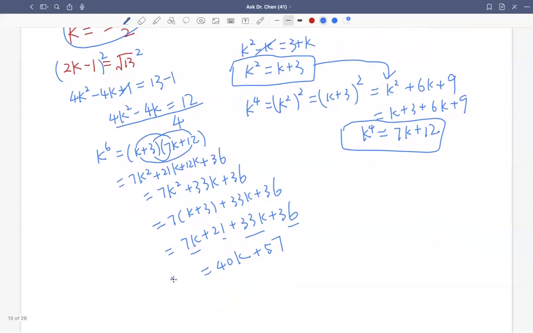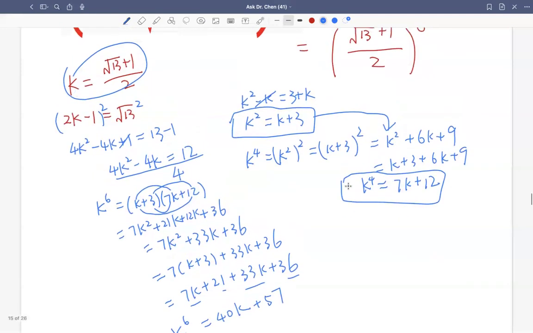Well, let's remind ourselves that's k to the 6th power. K is square root of 13 plus 1 divided by 2. I should rewrite that: square root of 13 plus 1 divided by 2, raised to the 6th, equals 40 times square root of 13 plus 1 divided by 2, then plus 57.